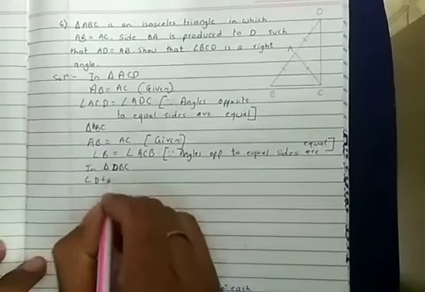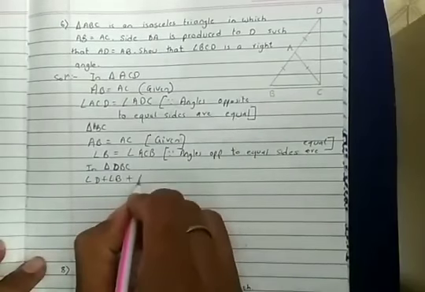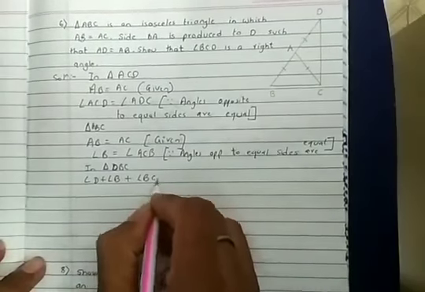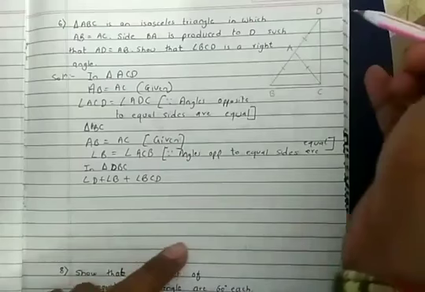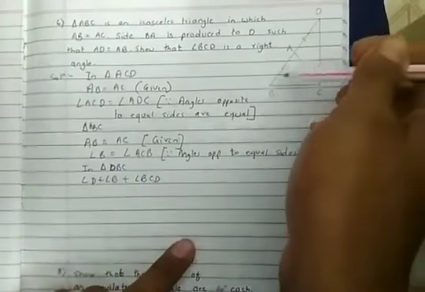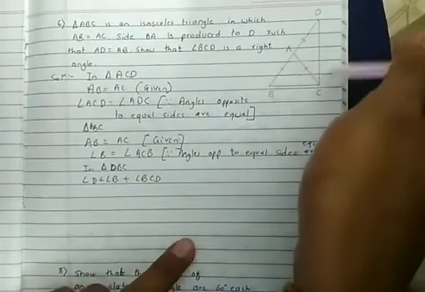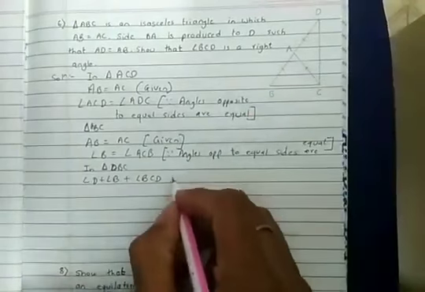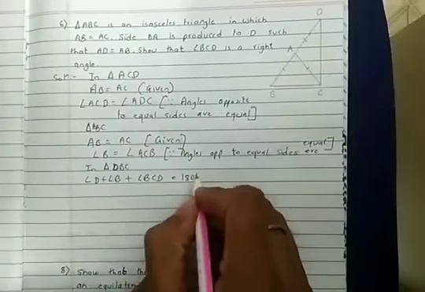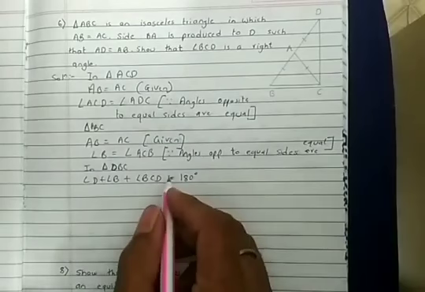Now in triangle DBC, angle D plus angle B plus angle BCD, if you add all these three, the sum will be equal to 180 degrees, right?